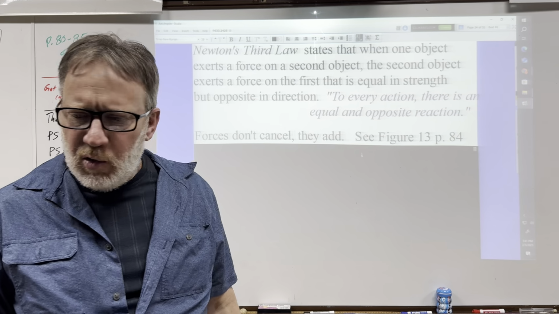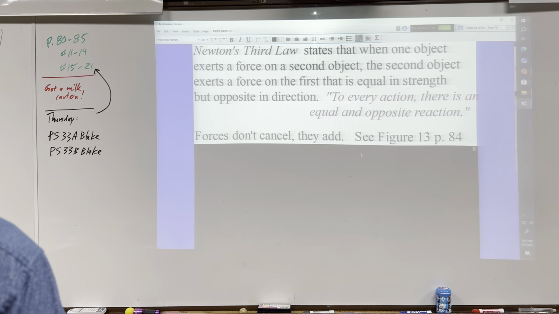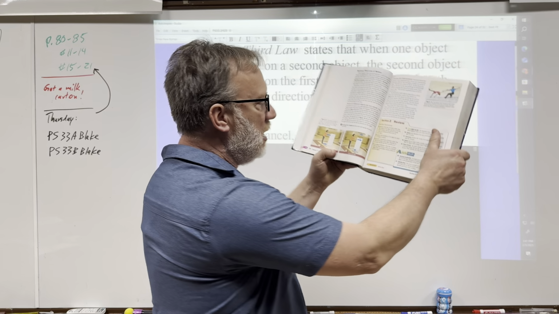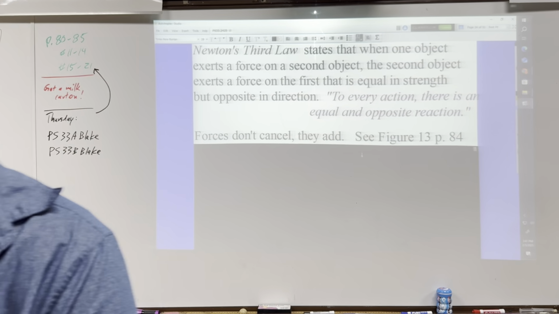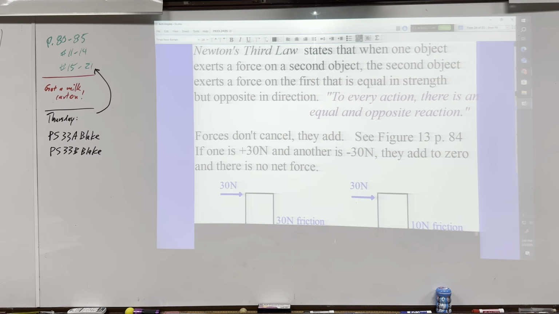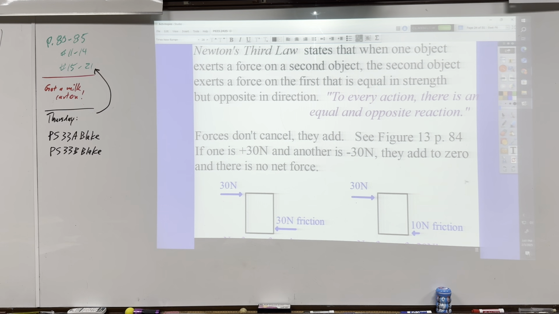See figure 13, page 84, which is this person pushing a refrigerator box or something down here. I can't draw the box and the person, so I've simplified it here.